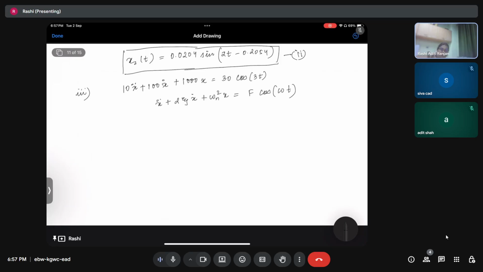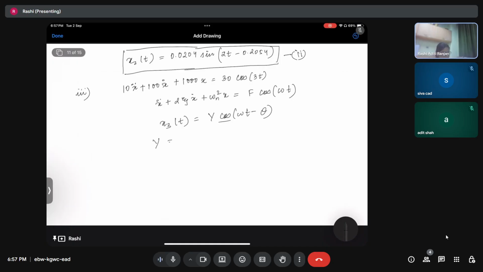Now for this kind of harmonic forcing, cosine function harmonic forcing, we can write the solution as x3 of t equals Y cos of omega t minus theta. The only difference over here is going to be this cos.